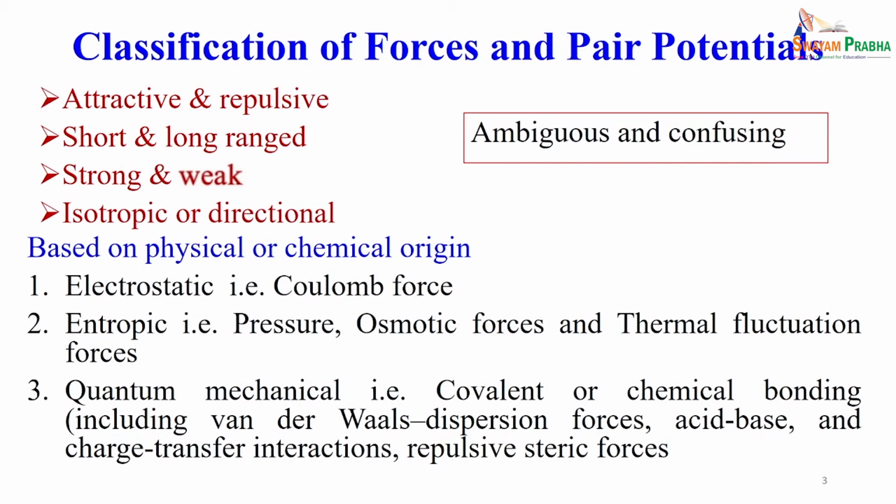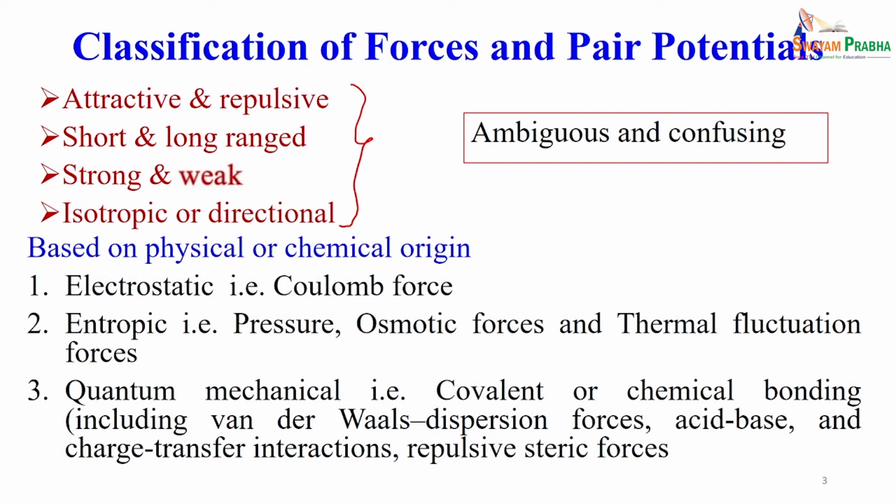So, to start with, the classification of forces and pair potential. The very first thing is that you can classify based on opposite trends. So, you can have different classifications like attractive and repulsive forces, short range and long range forces, strong and weak intermolecular interactions or forces, isotropic or directional forces.